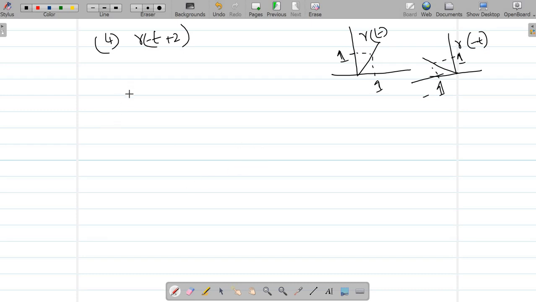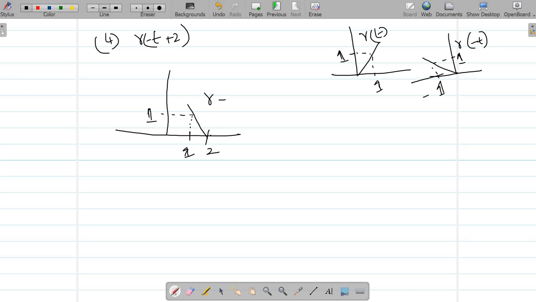Now I have to advance this by 2 units. So when I advance this by 2 units, the signal will become like this. This is 2, this is 1 here, and the signal value will be 1.